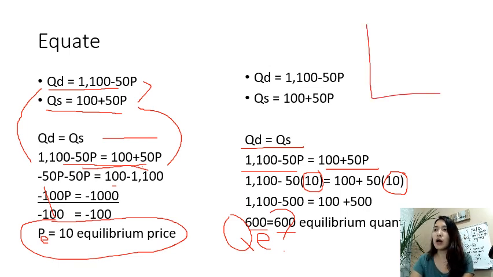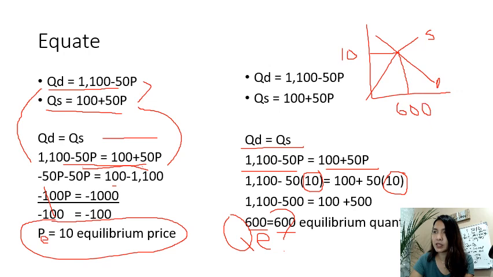So the buyers and the sellers agreed to sell and buy at a price of 10 with a quantity of 600. They will buy 600, they will sell 600, their price is 10 pesos.